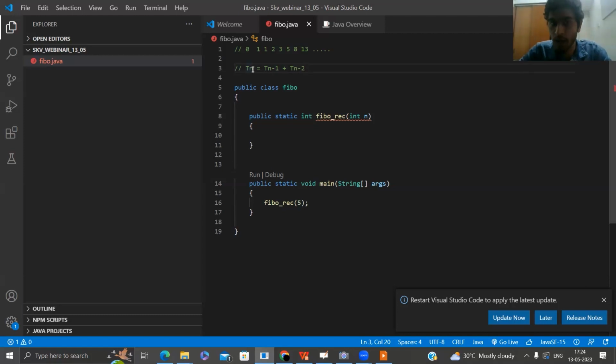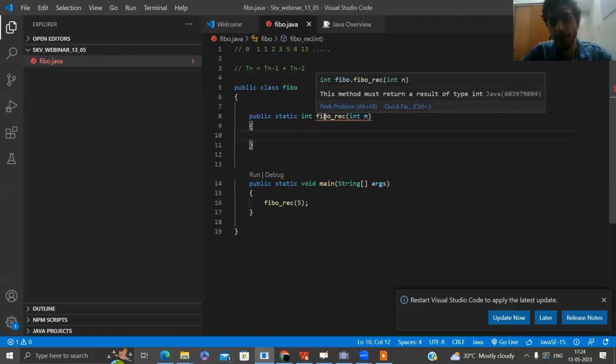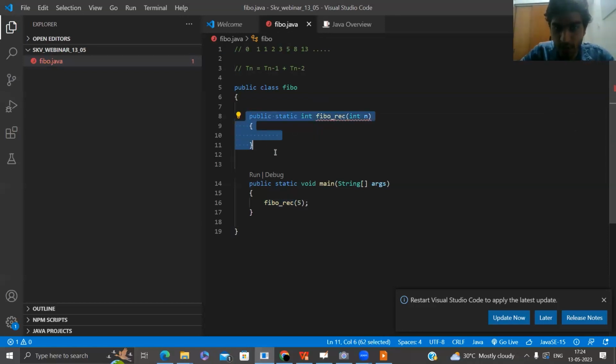The nth Fibonacci number is equal to the sum of previous two Fibonacci numbers, right? So that is what we discussed here, right? So basically this function knows how to give the nth Fibonacci number, right? So if I call this function recursively, by passing n minus 1 to it, this knows how to give n minus 1th Fibonacci number.